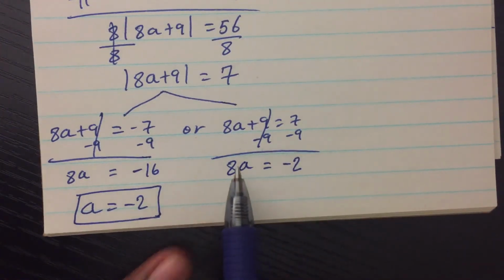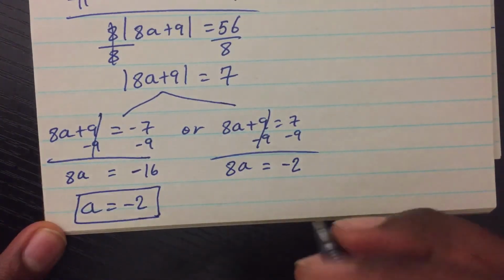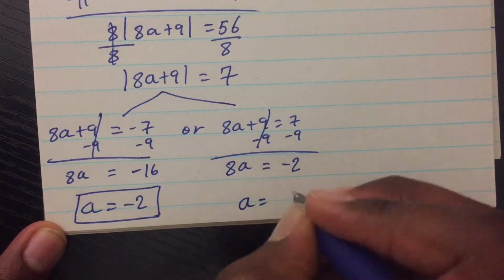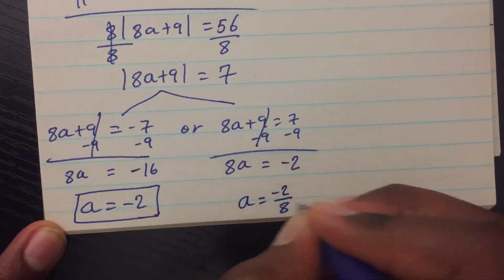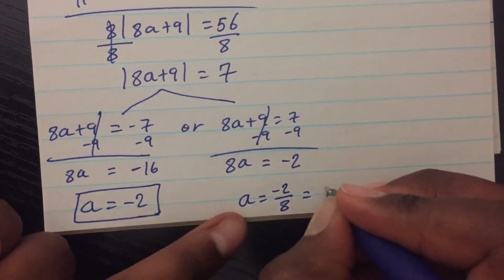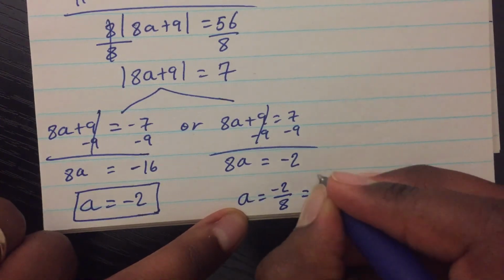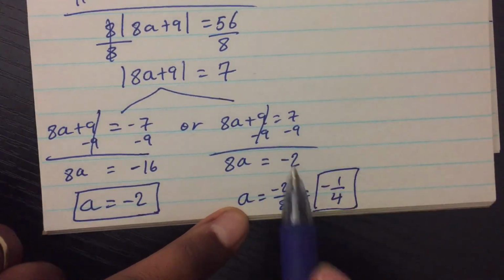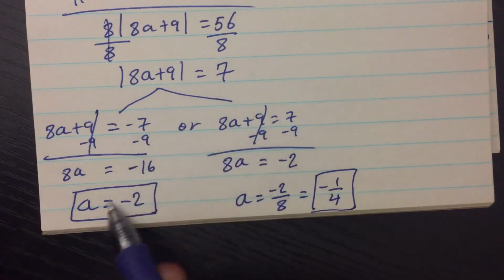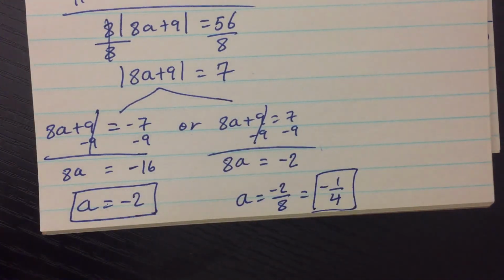Now notice here, if I divide by 8 on both sides, you get a equals negative 2 over 8, which simplifies into negative 1/4. So again, because my k is positive, you're always going to have 2 answers.